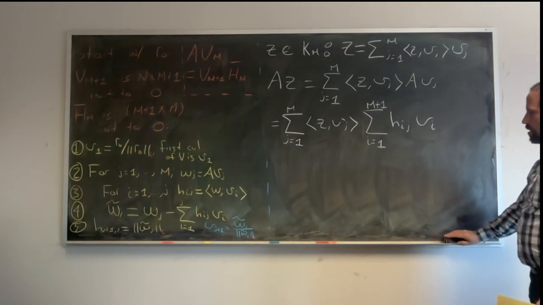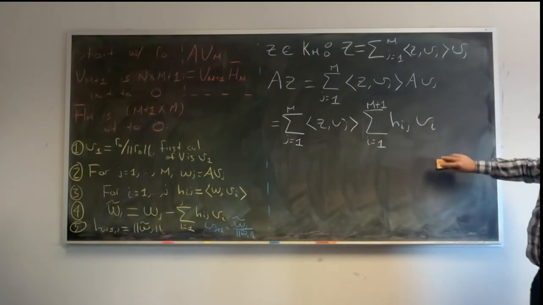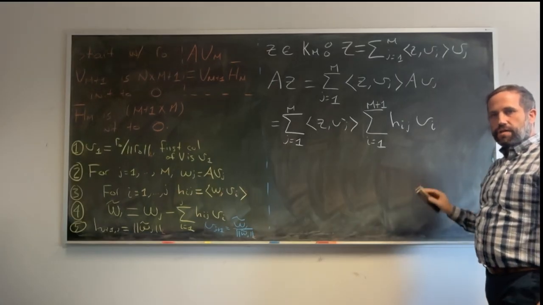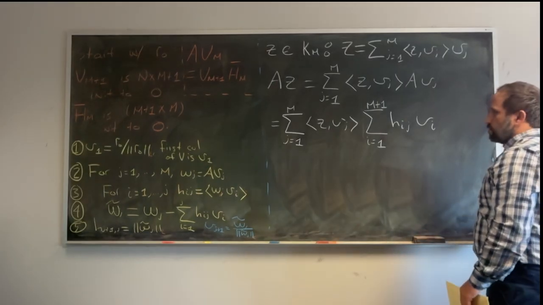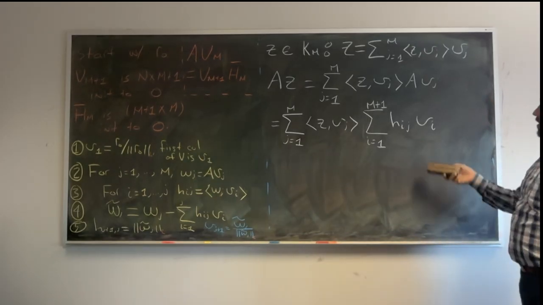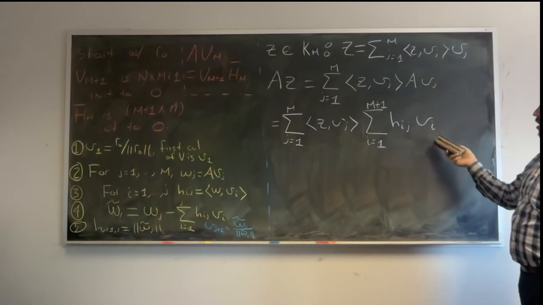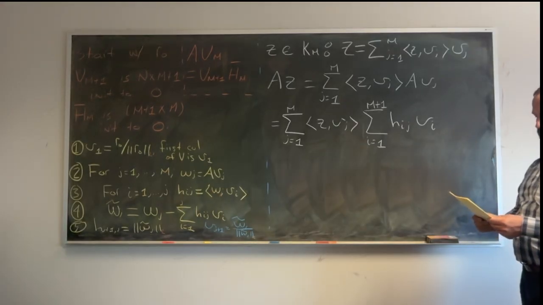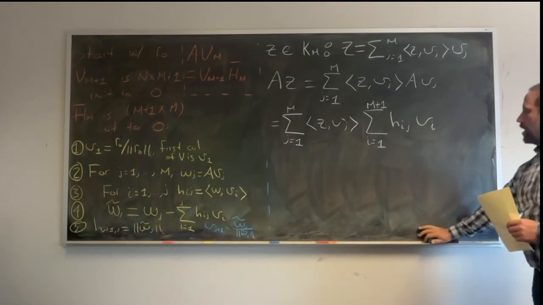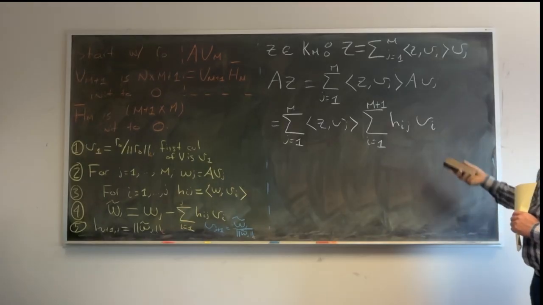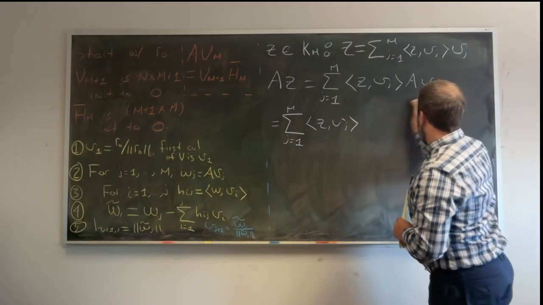Okay, but whenever we have a sum like this, a linear combination of vectors, we can always write it as a matrix vector multiplication. And we can do that in this step as well. For every fixed j, we have this sum right here, and so we can replace it.